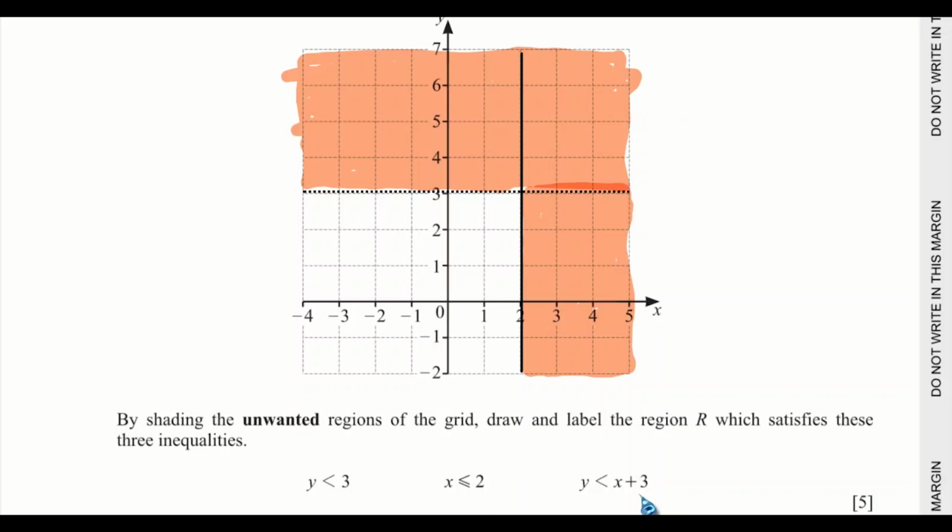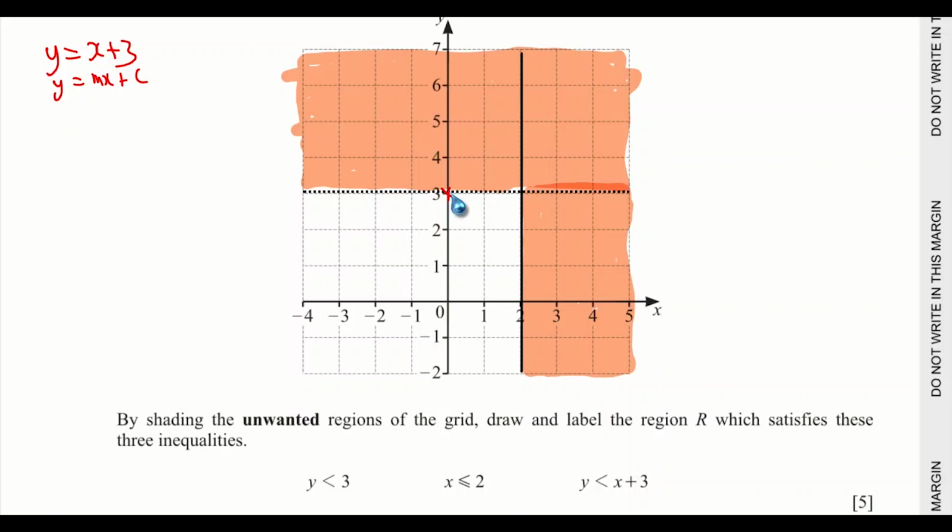Then the last one is y is less than x plus 3. So we need to do y equals x plus 3. If you compare this with the general equation of a straight line, y equals mx plus c, the intercept on the y-axis is 3.